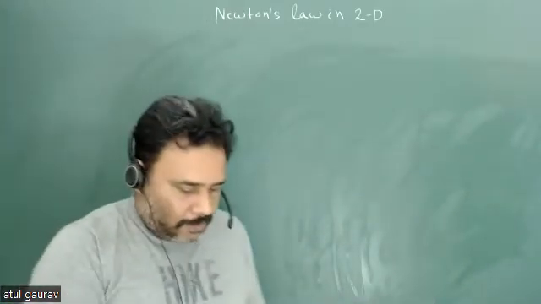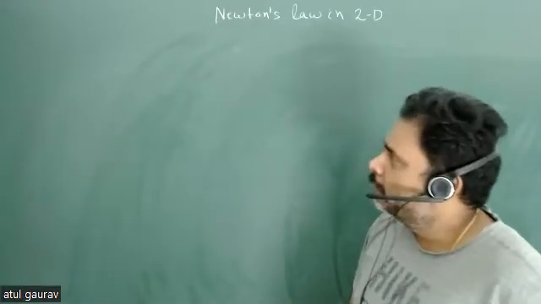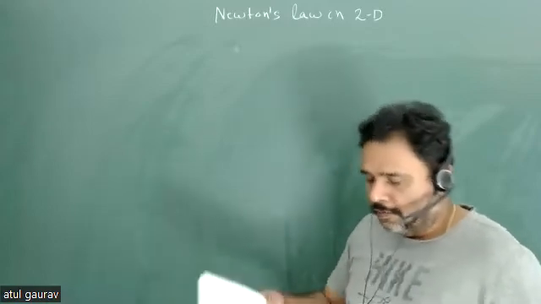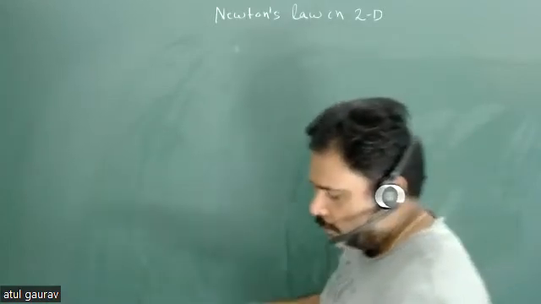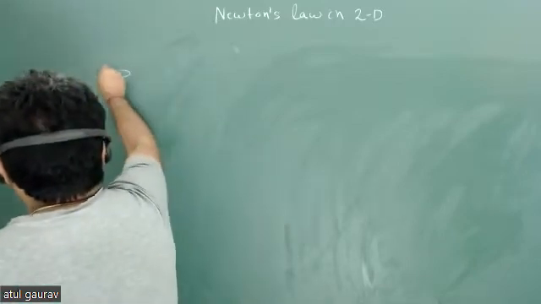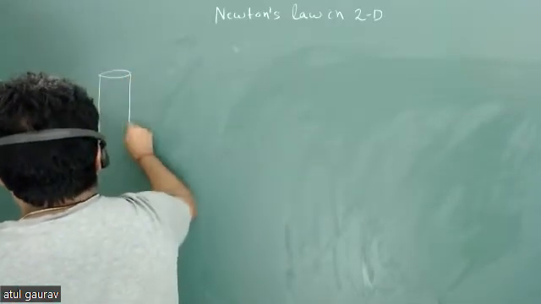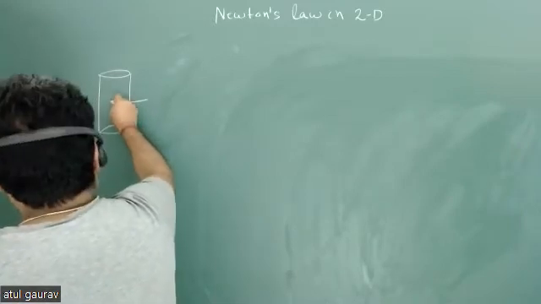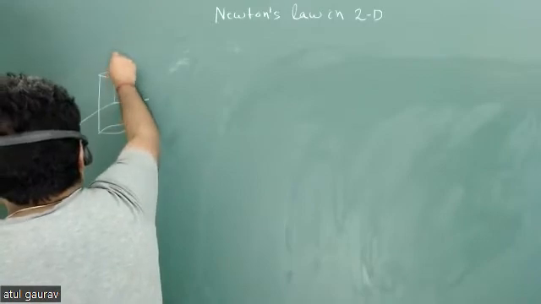So the next problem is basically where the force is given as, let me go for this particular problem. A particle is constrained to move on a cylinder, and this cylinder is given something like this. And you have this coordinate.